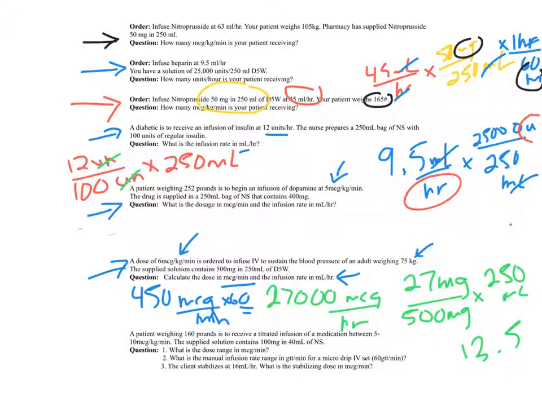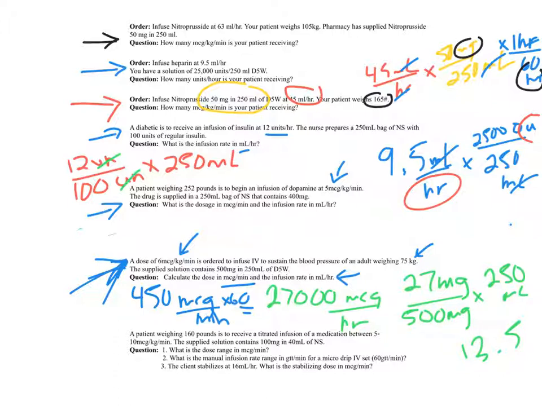Package was 100 milligrams in 40 milliliters. Just micrograms per minute. What is the manual infusion rate in drops per minute? So drops per minute, we need to do a couple things. We're going to have to take every step that we did for this previous problem, because we want to get it into milliliters per hour first, and I'll explain that once we see that.